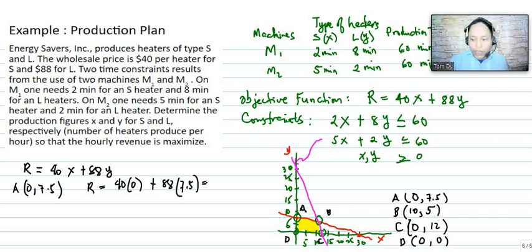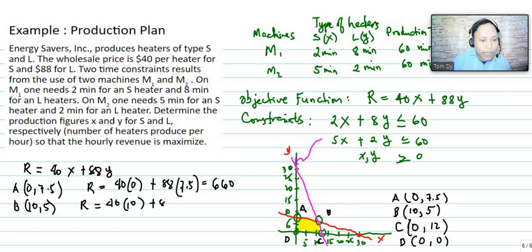We will be using the calculator again: 88 times 7.5 is equivalent to 660. For point B, wherein we have 10, 5, our revenue is 40 times 10 plus 88 times 5.